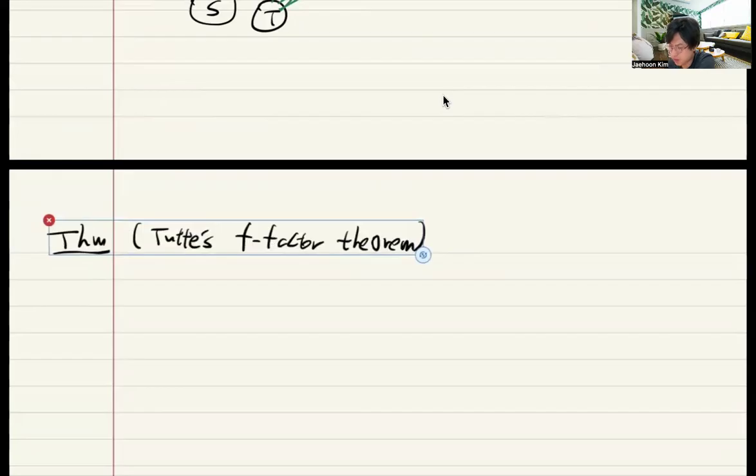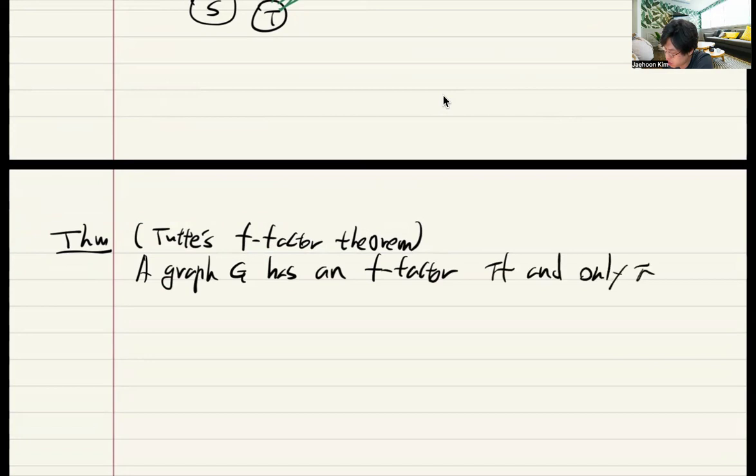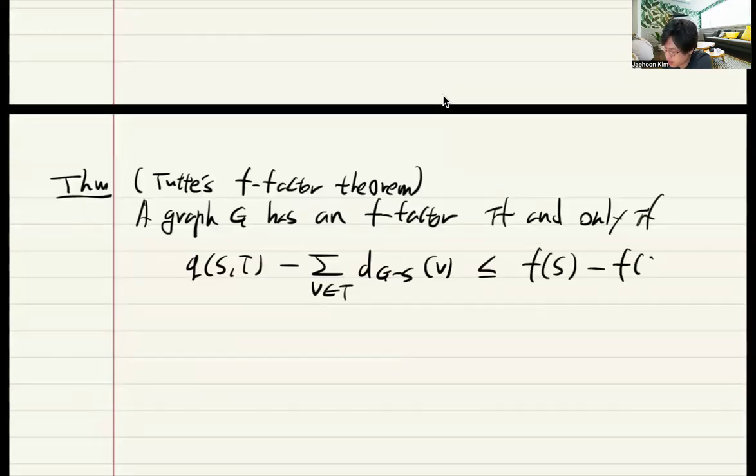And the following theorem holds. Tutte's f-factor theorem says that the graph G has an f-factor if and only if q(S,T) minus the sum over all vertices in T of their degree in the graph G minus S, and then you subtract, is at most f(S) minus f(T).